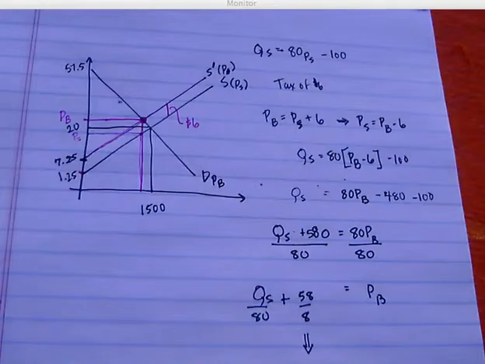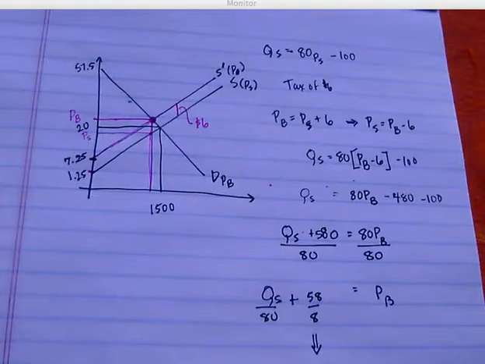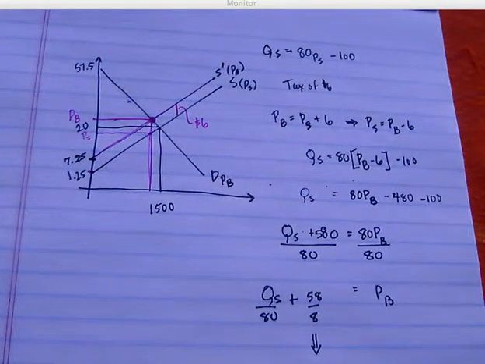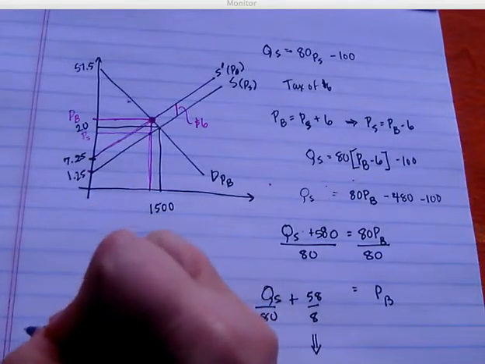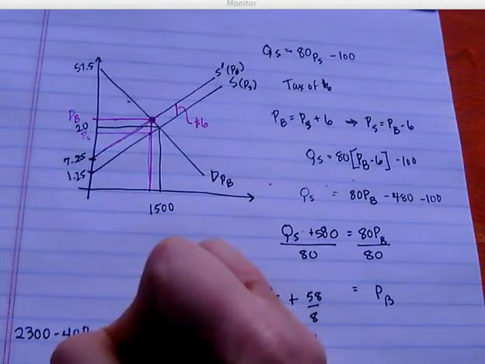All right, so what we have now is a plan of attack for figuring out what the equilibrium quantity is with the tax. We've got the same demand curve we had before. Our demand curve is 2,300 minus 40 times the price to the buyer.